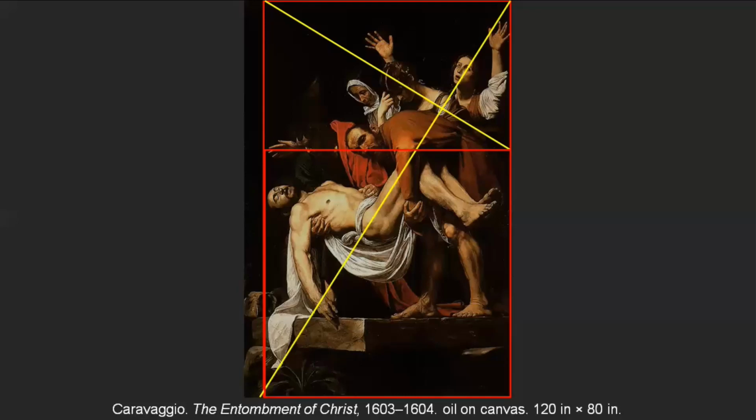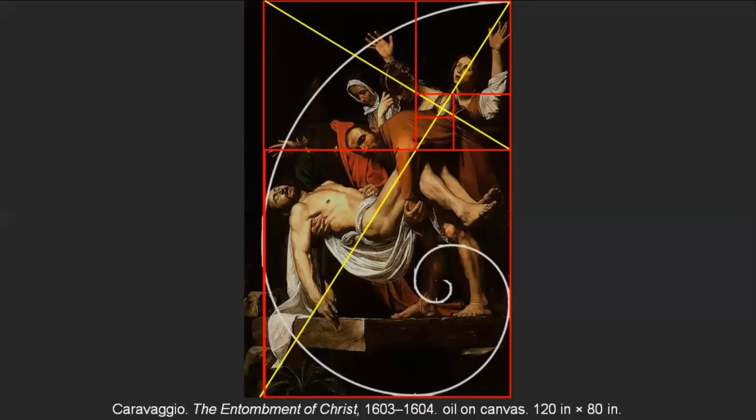Where that proportional break intercepts the diagonal line, we'll find our second proportional break. And where that proportional break intercepts the transverse, we'll find our third. And where that proportional break intercepts the diagonal, we'll find our fourth, and so on, smaller and smaller.